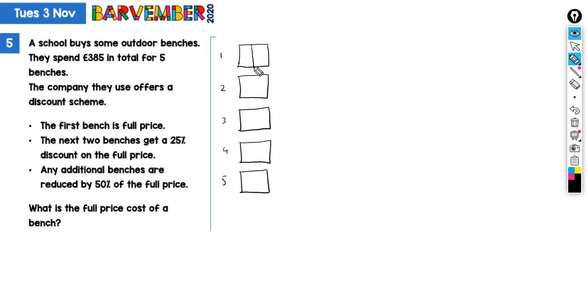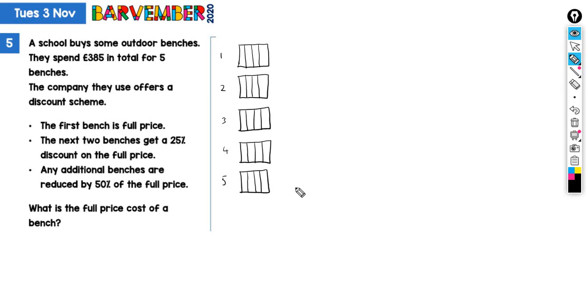So I'm going to actually split all of it. There we go. Therefore I know that each of these has the same value as each other.